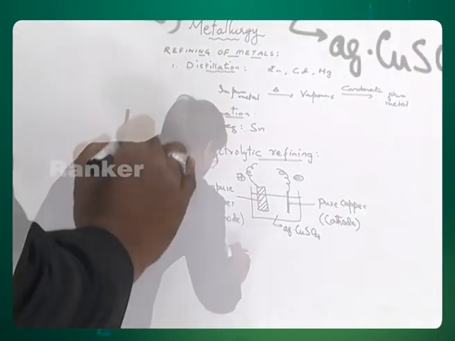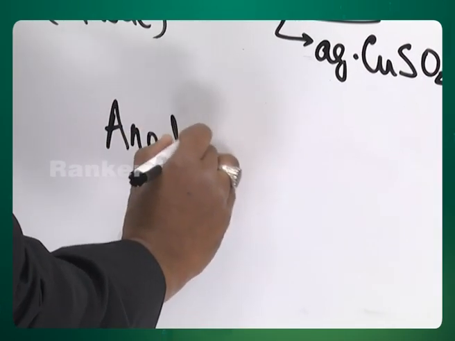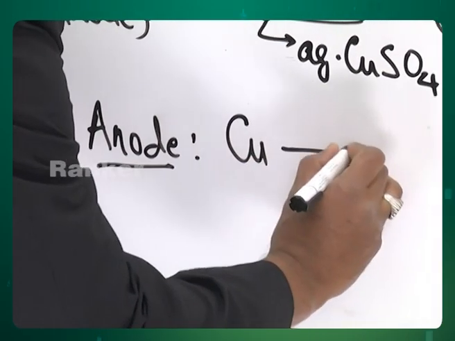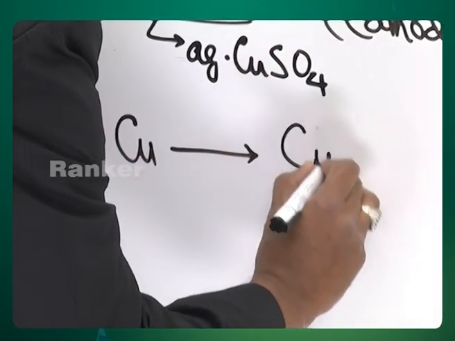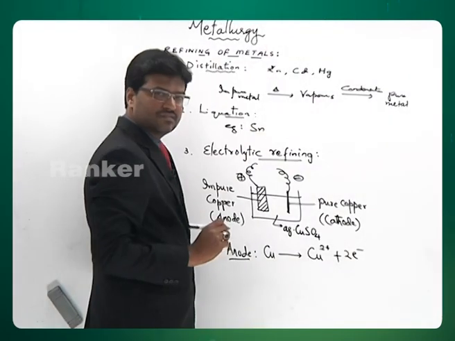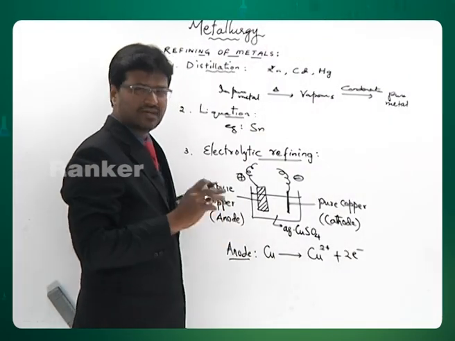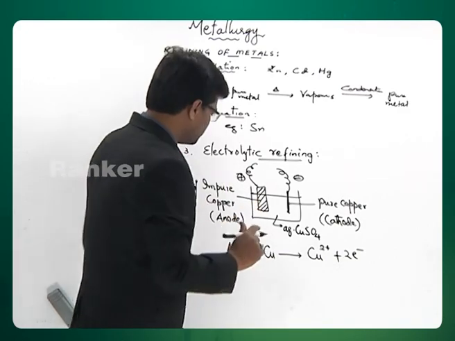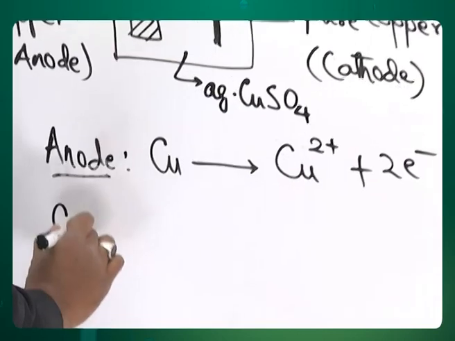When you use active electrodes in aqueous solution, anodic oxidation takes place. So the metallic copper of the anode will get oxidized to cupric ion by losing 2 electrons. This is what takes place at the anode. This will decrease the mass of the anode. And then see what happens at the cathode.